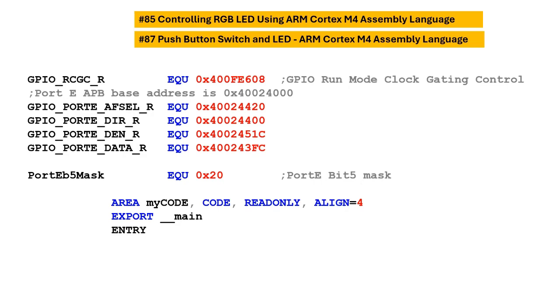The program. The program that I'm going to present in this video is identical to the previous video, that is video 87, push button switch and LED, ARM Cortex M4 assembly language, except for the registers that I'll be using.